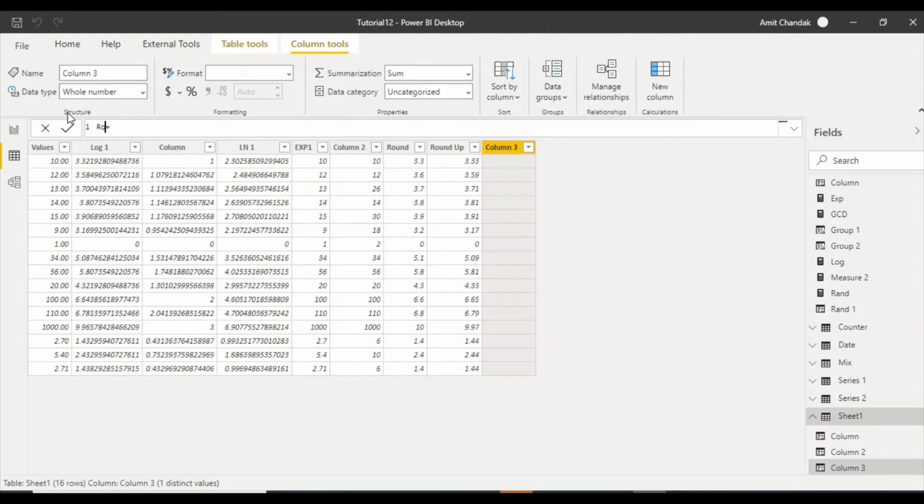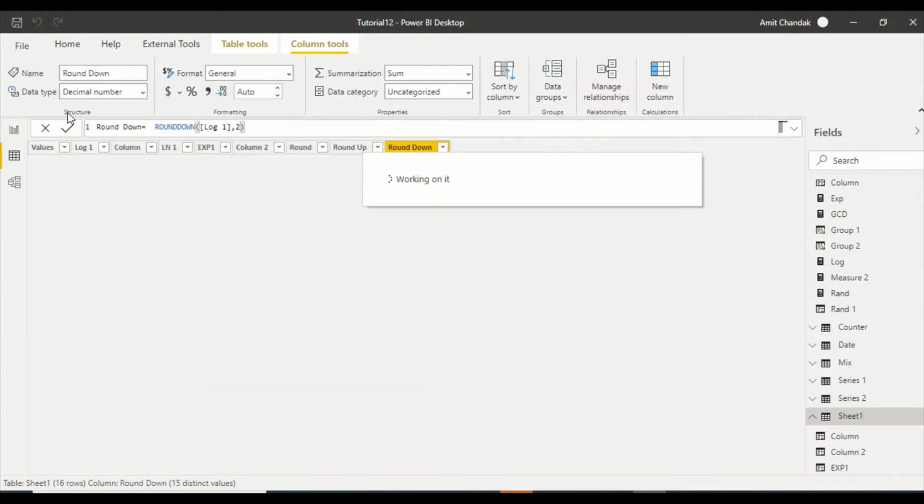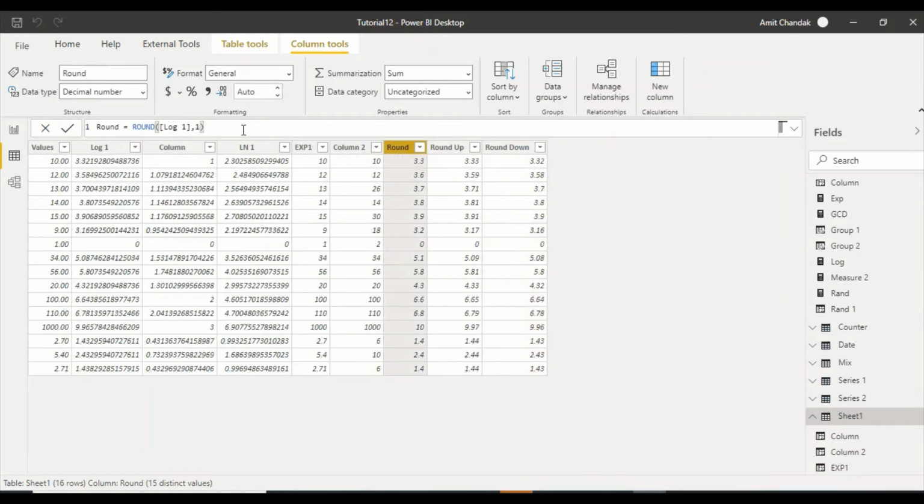So let's say round down, and round down is the function, and let's take log1 again with 2 decimal places, and let's try to understand this. Let's make round also at 2 decimal places, so we can differentiate what is happening. So all three use 2 decimal places.